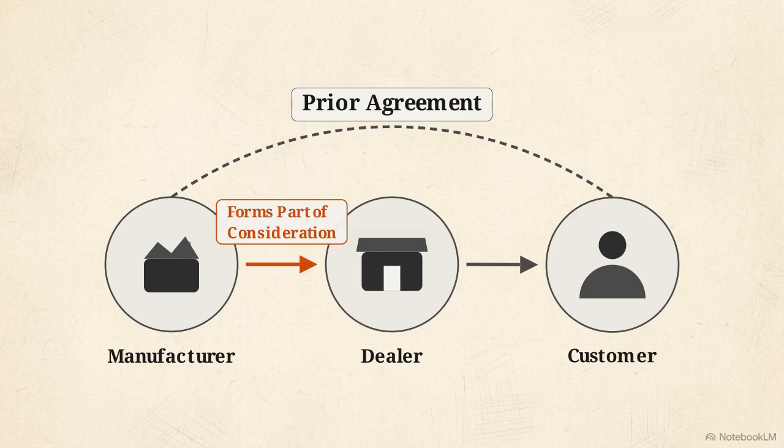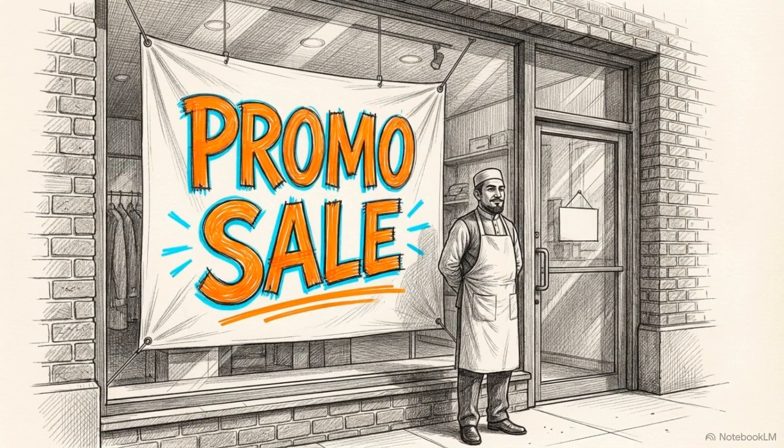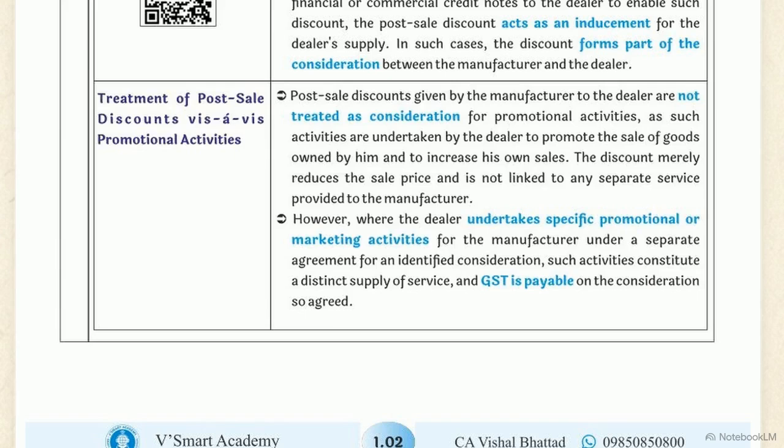This specific contracted marketing constitutes an entirely distinct supply of service provided by the dealer. Consequently, GST is payable on that specific agreed-upon consideration. Effective tax treatment under Circular 251 hinges on a rigorous audit for prior agreements and the clear identification of distinct service obligations hidden within the supply chain.